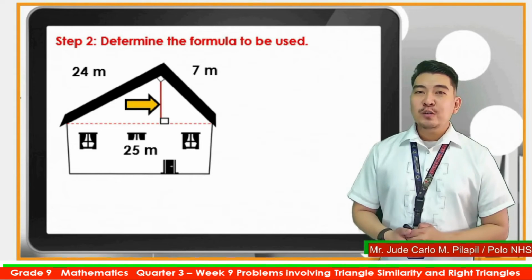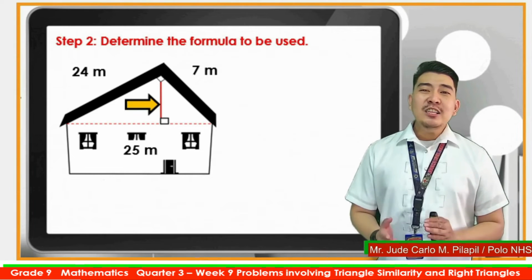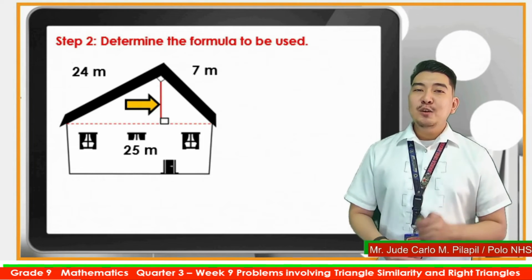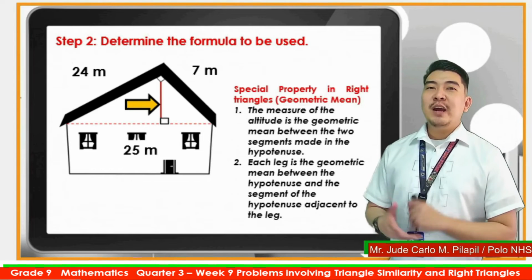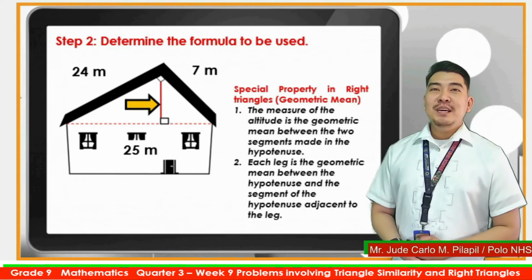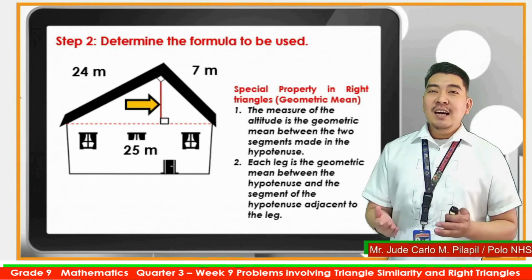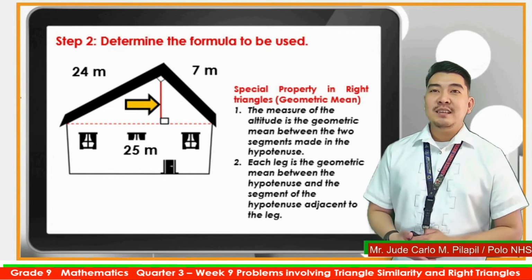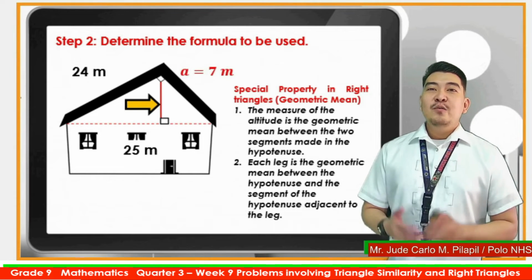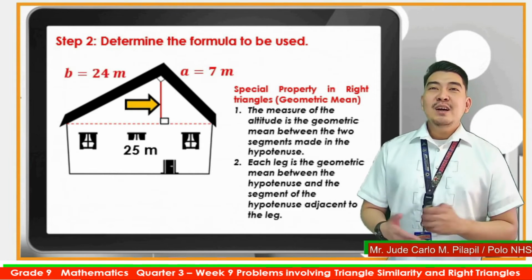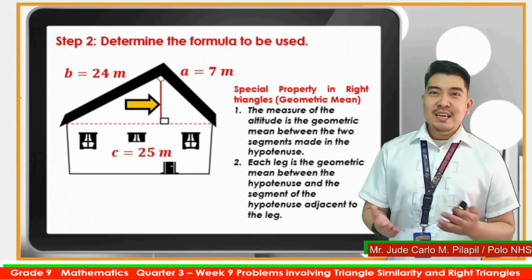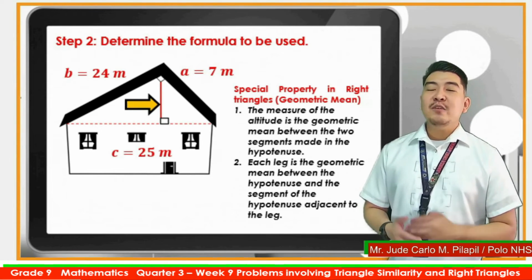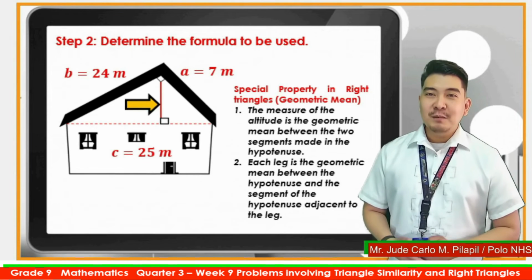Since the figure shows a right triangle with an altitude from the vertex of the right angle to the hypotenuse, let us use the special properties of right triangles, geometric mean to be specific. Let us represent the given measures of the sides of the right triangle. Let a be 7 meters, b be 24 meters, and c be 25 meters. This will help us to easily formulate the formula that we will use later.